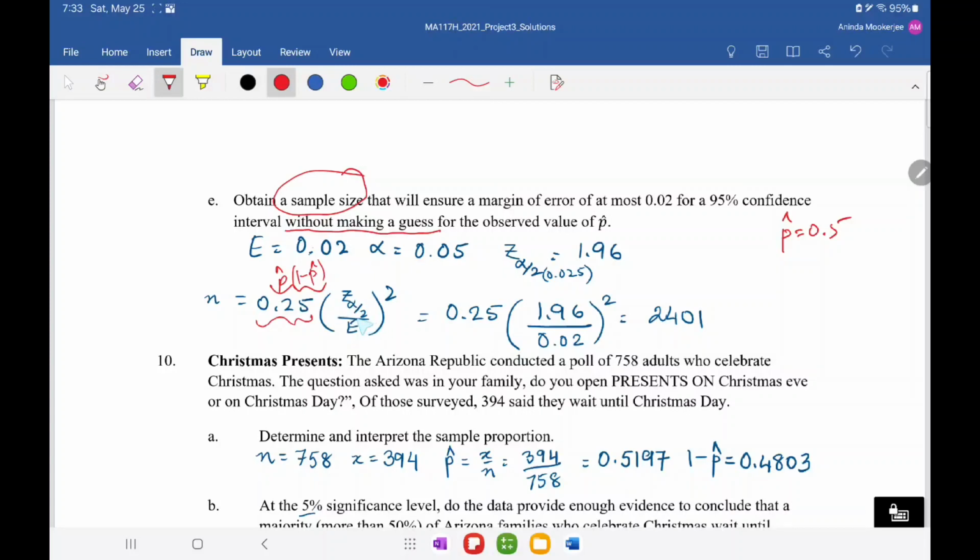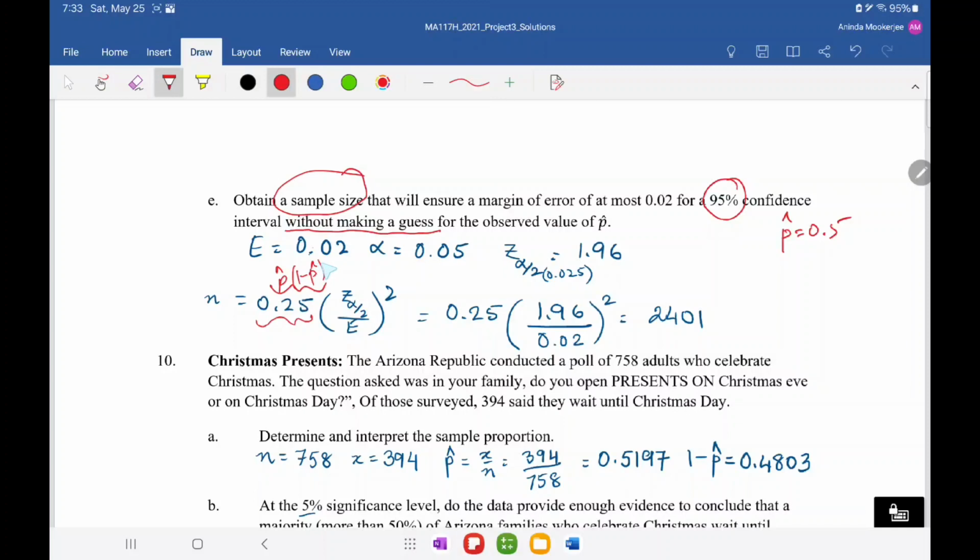All right, so this is the formula. Plug in the values correctly. What did it say? It says use a 95% confidence interval. So you have to find your Z of alpha by 2 accurately based on the confidence interval given. If it's a 95% confidence interval, alpha would be 0.05, so alpha by 2 would be 0.025. And that's what we found, 1.96.